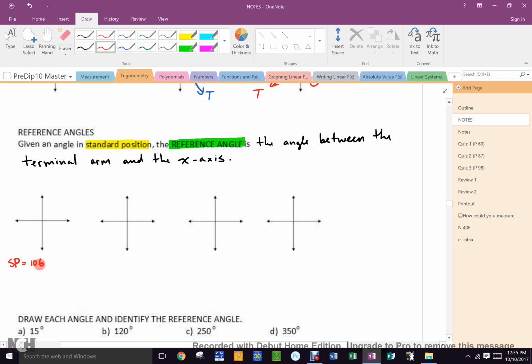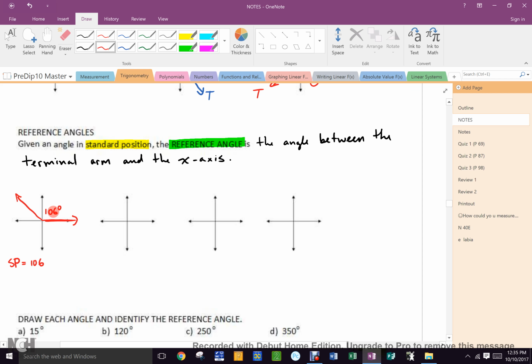Draw it on this first line. Where would it be? I'm going to draw it in red. There's my initial arm. Where would the terminal arm lie? Which quadrant? Second quadrant would be out here, yes? This is 106.